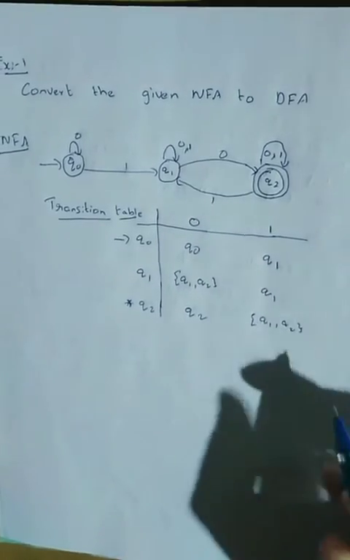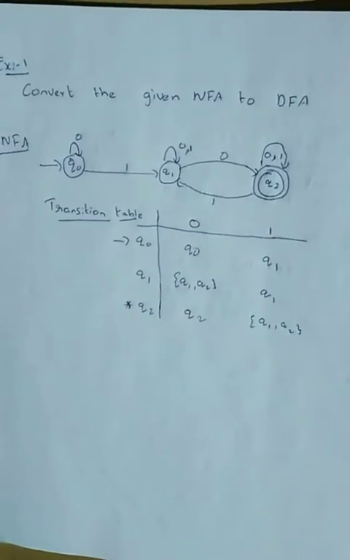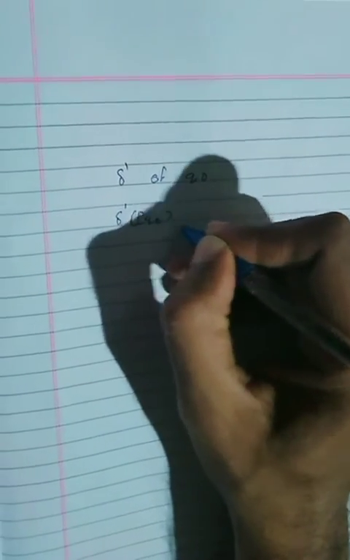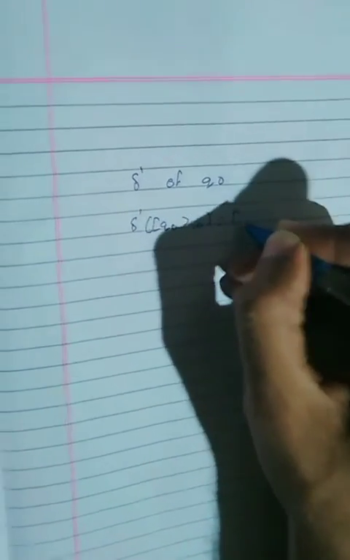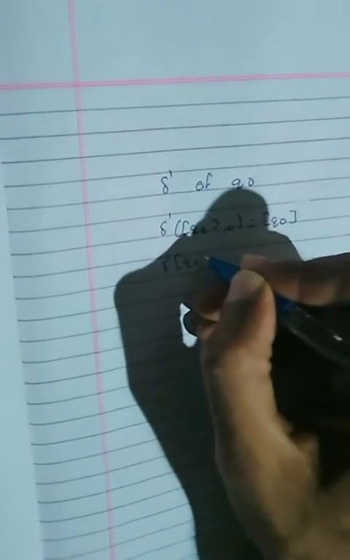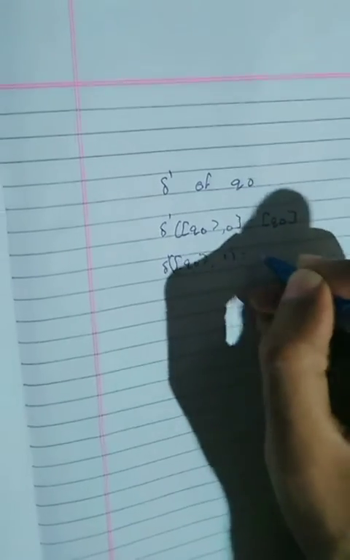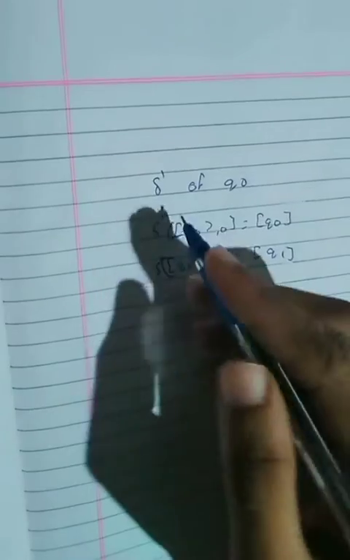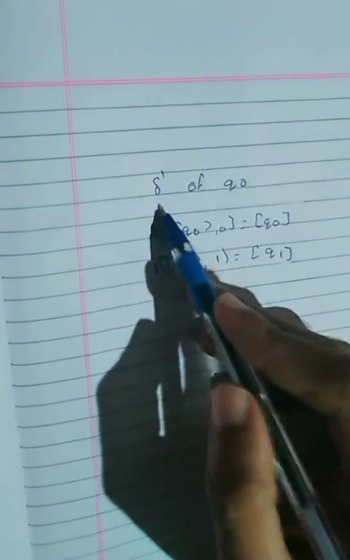Now we have to go for the transition of delta dash of Q naught. Here delta dash of Q naught with 0 we will get Q naught, and delta dash of Q naught with 1 we will get Q1. So this is for the delta dash of Q0.